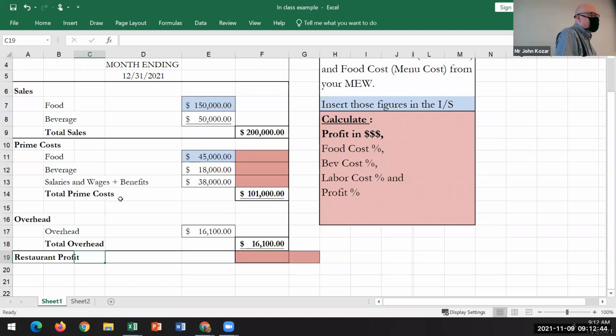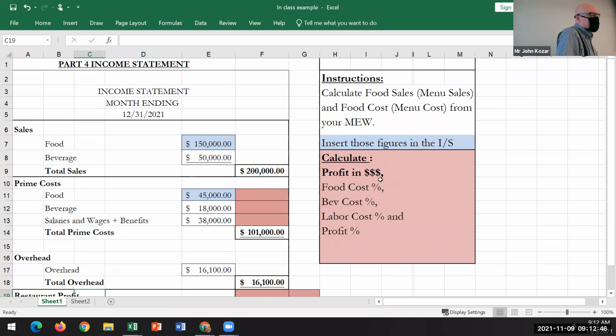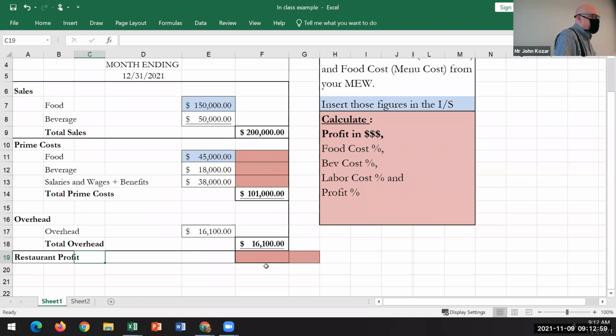You also have to calculate the profit in dollars, also food cost percent, beverage cost percent, labor cost percent, and then profit percent. So let me go ahead and put the numbers in here.